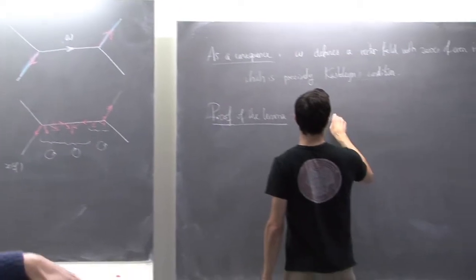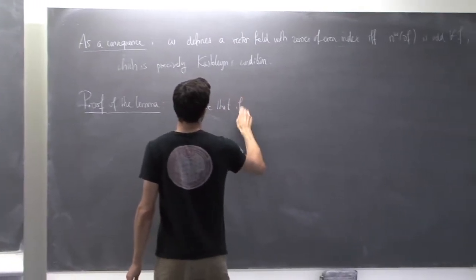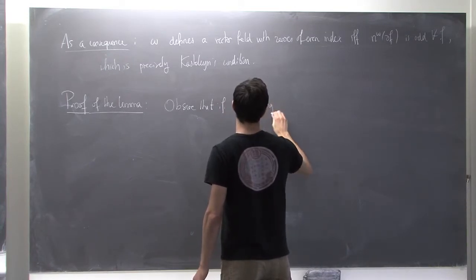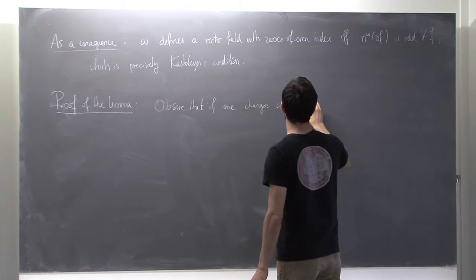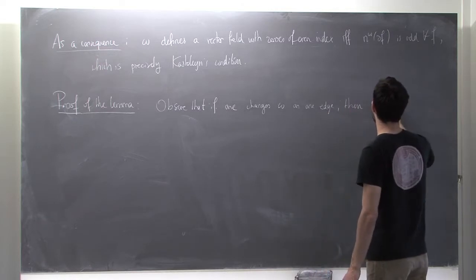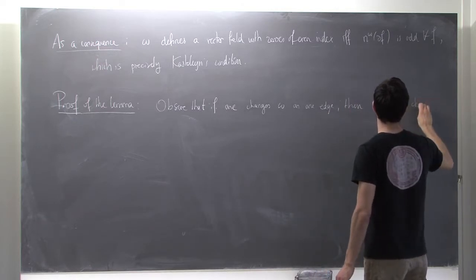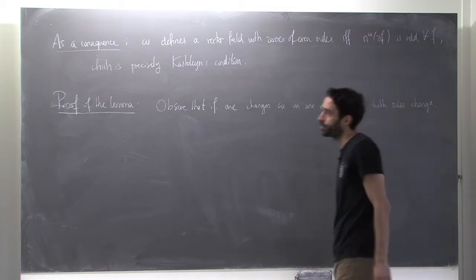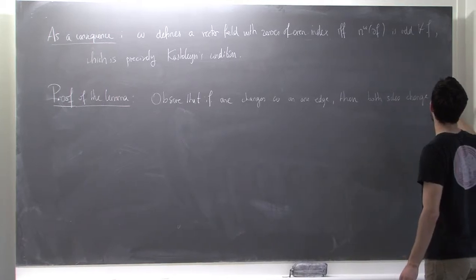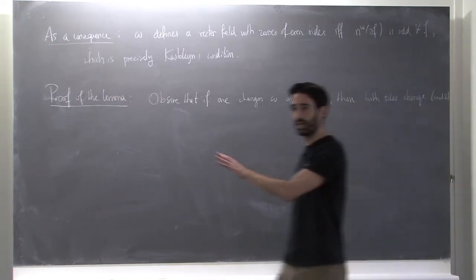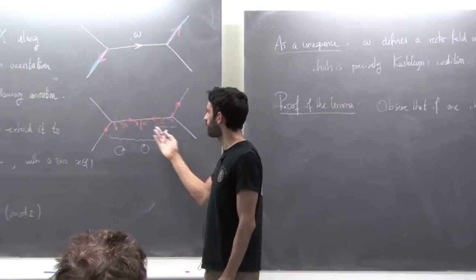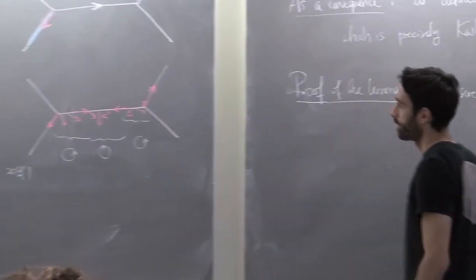Observe that if one changes omega on one edge, then both sides change, modulo 2. Again, the right-hand side, it's by definition. The left-hand side, well, there you see that you need this kind of difficult convention, but you can check that it works.